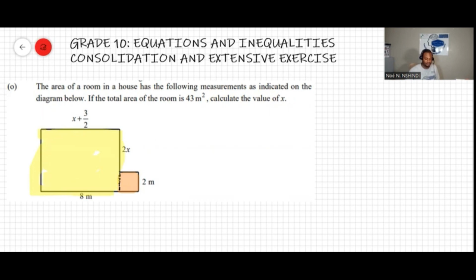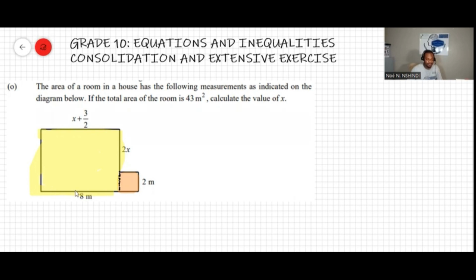Now let's start with the area in yellow. The measurements are like this: you can see this part is x plus 3 over 2. Over here is the whole thing, that is 8 meters.